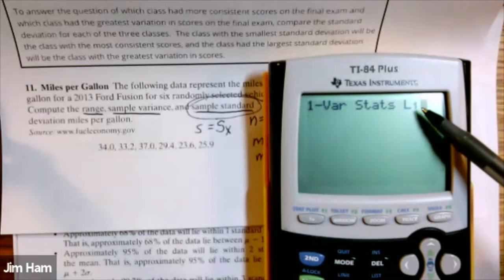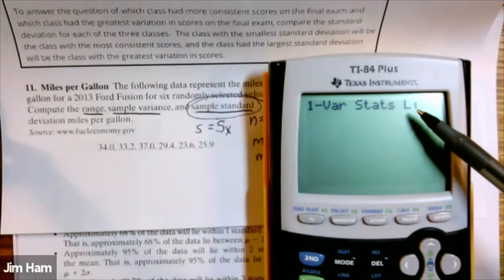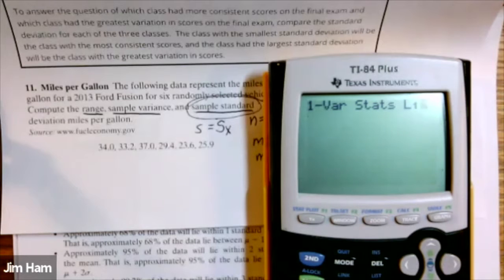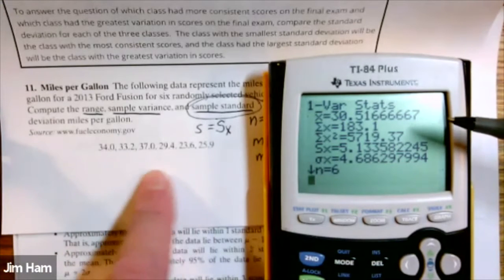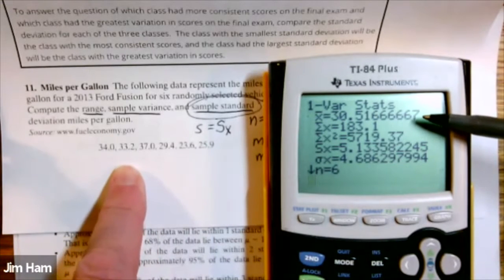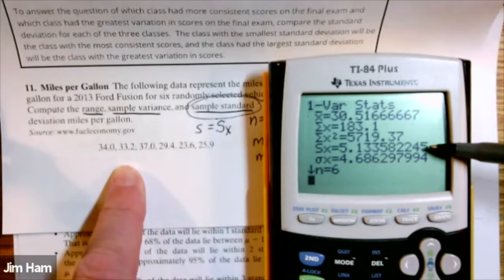I put my data in L1, so I'm going to enter L1 here. If you're doing this with a menu calculator, then your X list will be L1, frequency would be 1, and then you calculate. So here's the mean, the average of these numbers, and that looks about right. And the standard deviation that you want is this number right here, the SX.